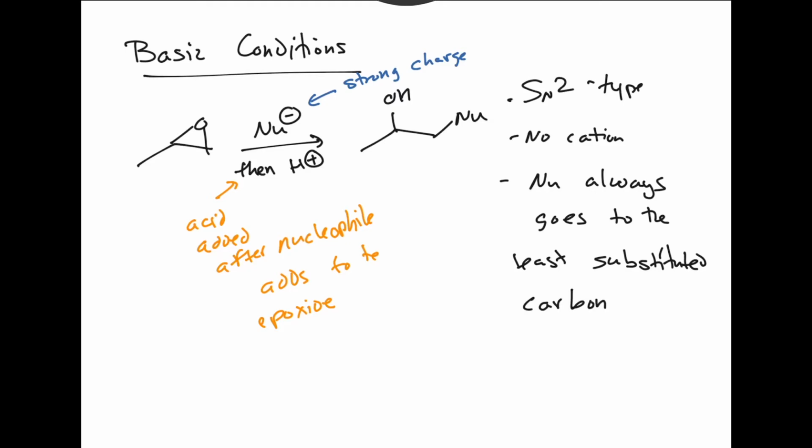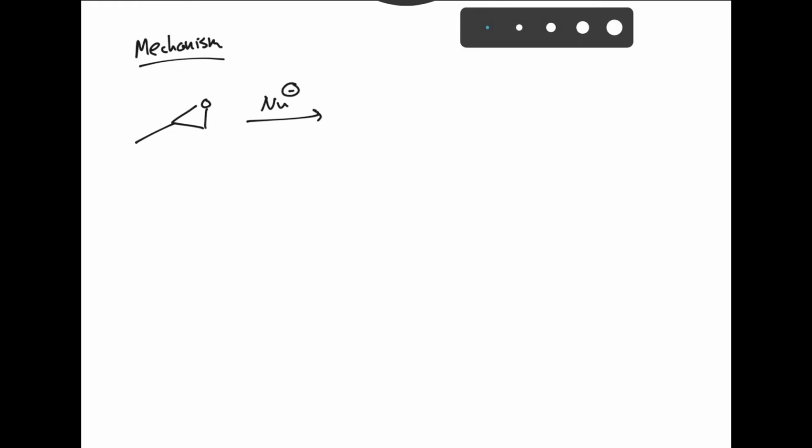So there's no cations, and your nucleophile always goes to the least substituted carbon. So let's look at the mechanism for this. Super short. Our nucleophile adds, right?